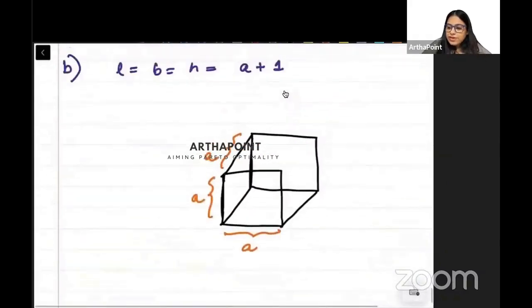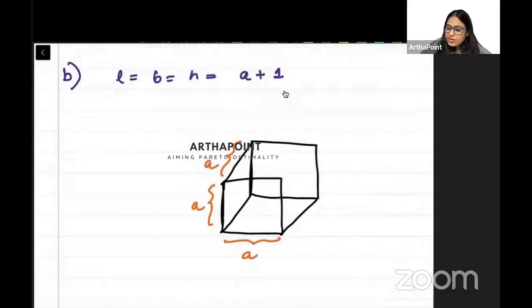So it would have meant that now I am going to increase this. ये थोड़ा enlarge हो गया. This is bigger now, a plus 1. This is also bigger now, a plus 1. This is also bigger now, a plus 1. So everything is a bit bigger now.